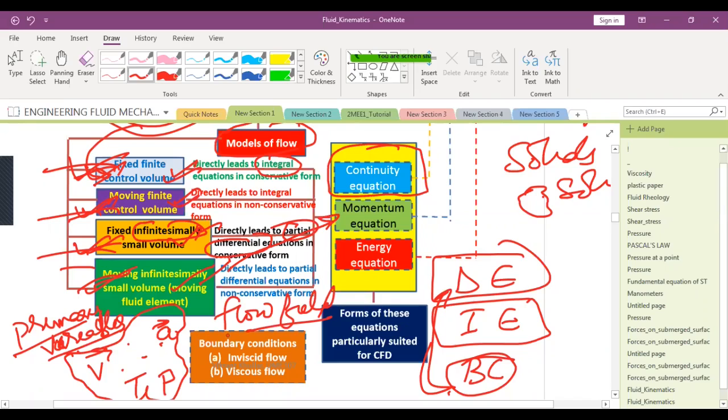So the entire framework is: you have some laws which govern. Now, on what do you apply those laws? Those are called models of flow. Models of flow can be of two types: either they will be from the Eulerian approach or the Lagrangian approach. In the Eulerian approach also, it can be a finite size fixed control volume or a differentially small fixed control volume.